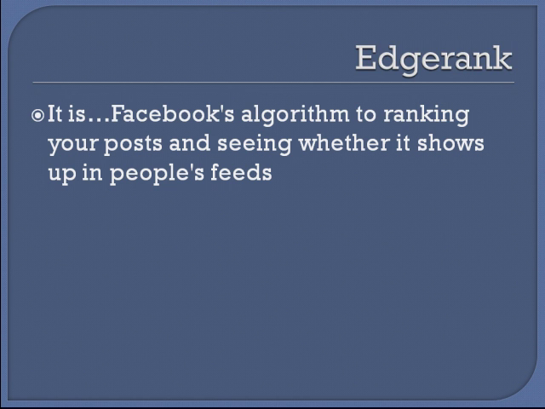No one really knows exactly what EdgeRank entails, but you know what Facebook's goal is, which is to provide a good, quality experience. And how do you know if a post has a good experience? If some posts get a lot of shares, a lot of likes, a lot of comments, that tells Facebook, hey, this specific post is being recommended by a lot of people.